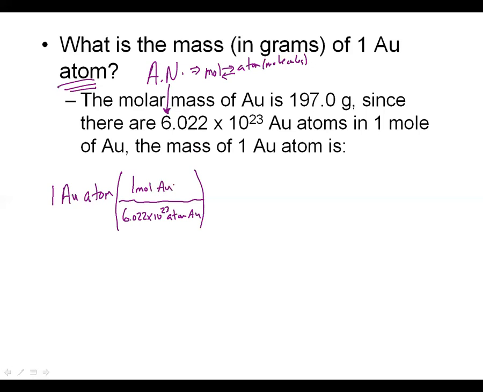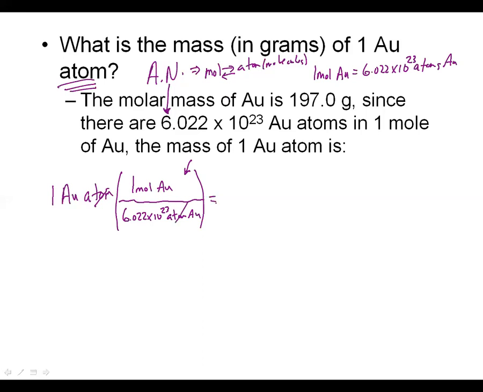So remember that if we take anything from the periodic table or any type of molecule, basically 1 mole of it, so 1 mole of gold in this case will equal 6.022 times 10 to the 23 atoms of gold, which obviously can give us our 2 conversion factors. We're going to use this one here. Now, you don't have to get an answer at this point, but if you did, the atoms would cancel.